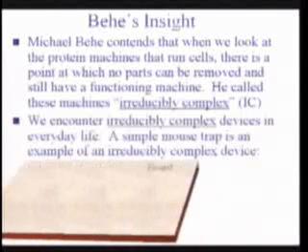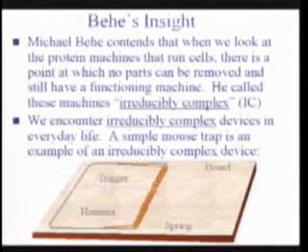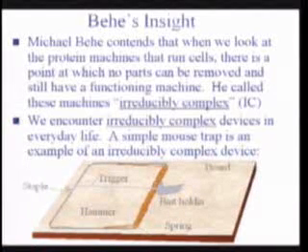So we see these irreducibly complex items in our life all the time, and we looked at the mousetrap before, so let's not spend more time on that. Let me talk a little bit more about the eye. And Darwin was honest enough to have a chapter in his book called, Difficulties of the Theory of Evolution.